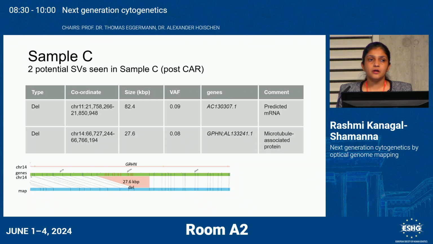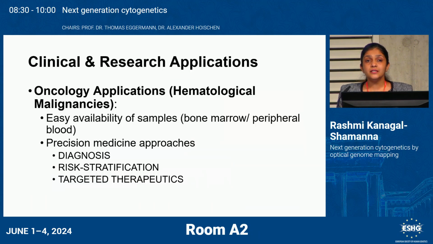The CAR therapy is a $1 million intervention, and this would be a very small cost for a quality check that could make a difference for the patient's life. And finally, I'm going to highlight the oncology application.